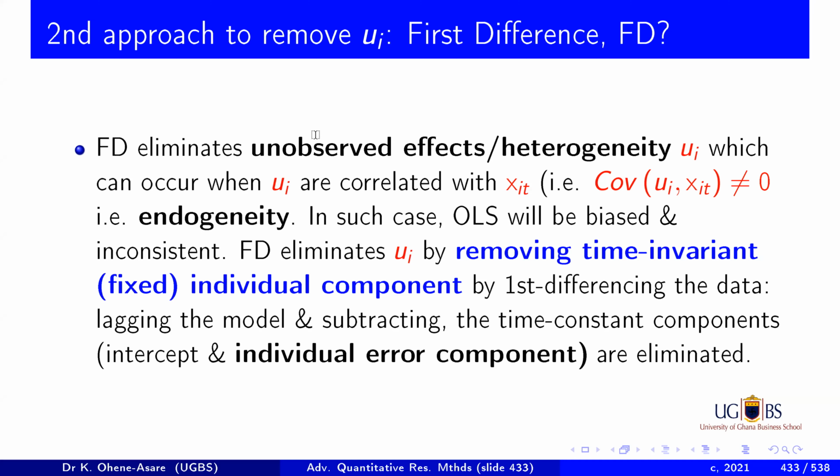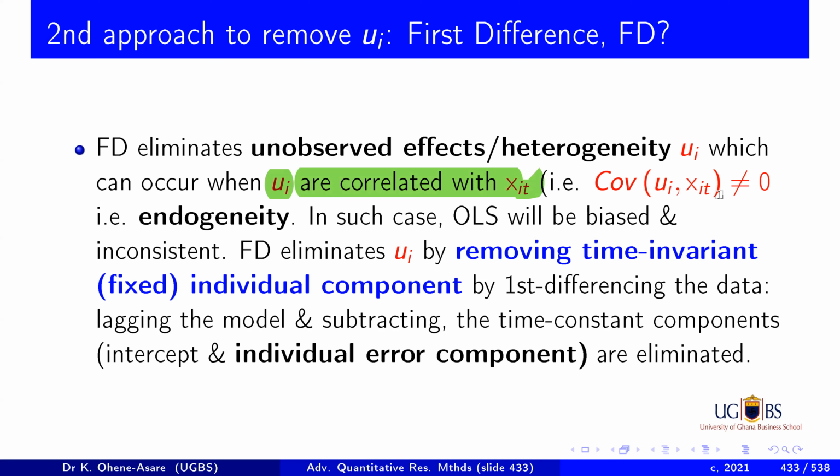The first difference removes the u_i, the unobserved factor, the ability, which can be a problem when it is correlated with one of the independent variables, the x's. When the covariance between u_i and x_it is not zero, there is endogeneity.